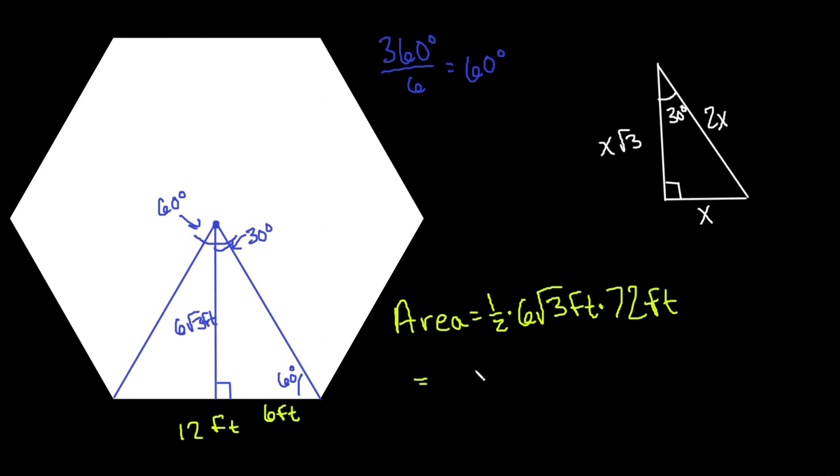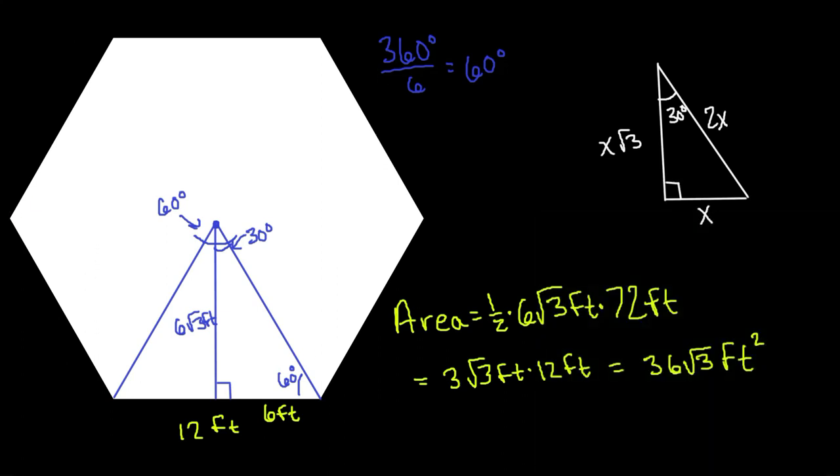Now you don't even need a calculator for this. 1/2 times 6, that's going to be 3. So we have 3 root 3 feet times 12 feet. 3 times 12 is 36. And we just leave that root 3 tacked on there. So our answer is 36 times root 3 square feet.